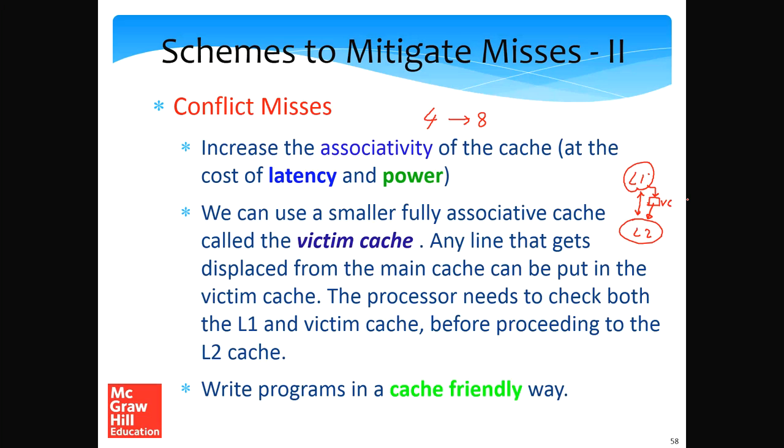Before discussing that, let me take a look at the third point, which is to write programs in a cache-friendly way. What this basically means is that, either at the level of the programmer or at the level of the compiler, and this is mainly at the level of the compiler actually. So when I say write programs, it's not so much from a programmer's point of view, but from the point of view of the compiler.